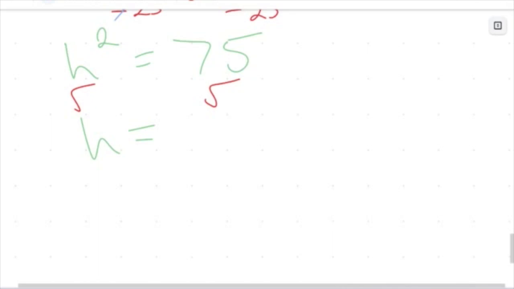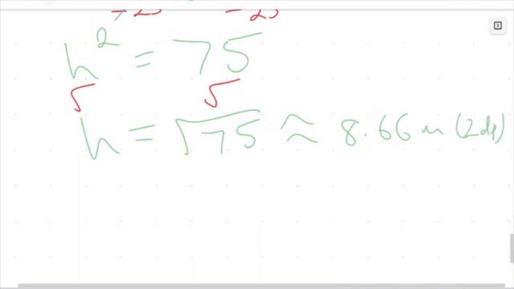And taking the square root of 75, you can see 75 is not a perfect square. So my answer is going to be to some kind of decimal places. And the question asks for 2 decimal places. So when I pop that into a calculator, I get approximately 8.66 meters to 2 decimal places.